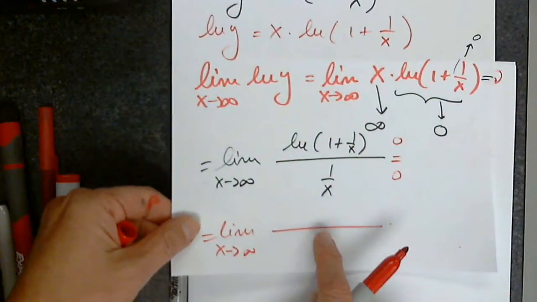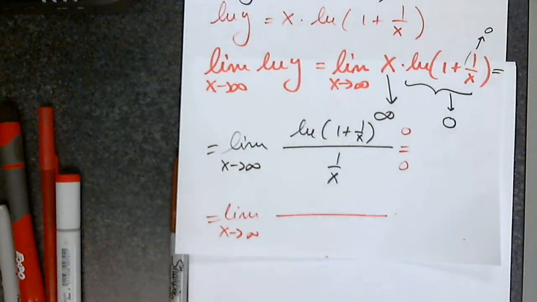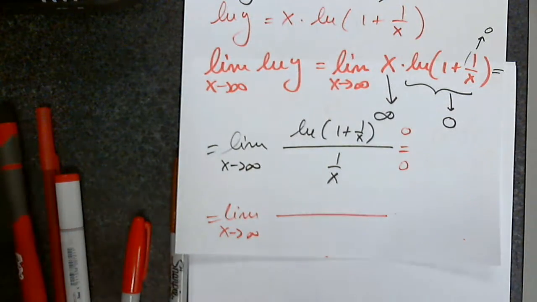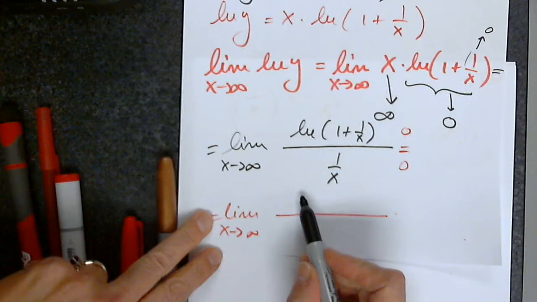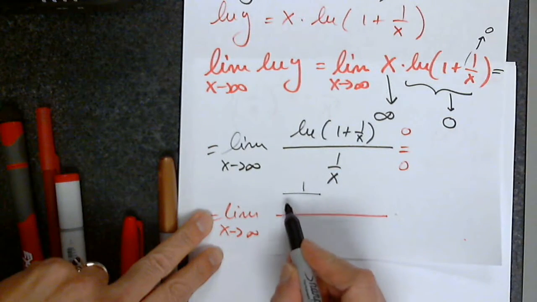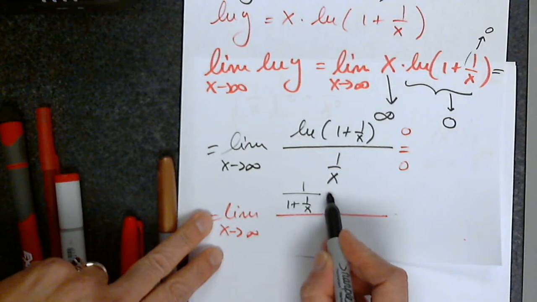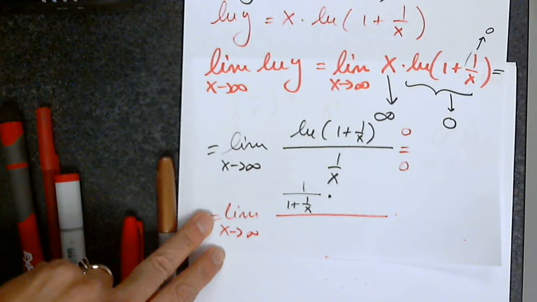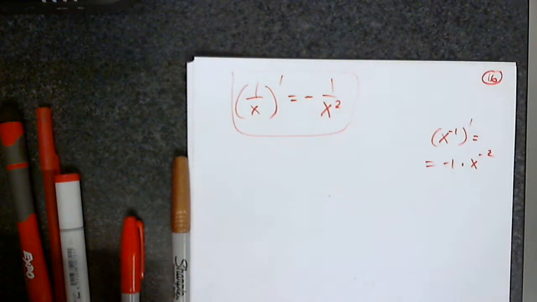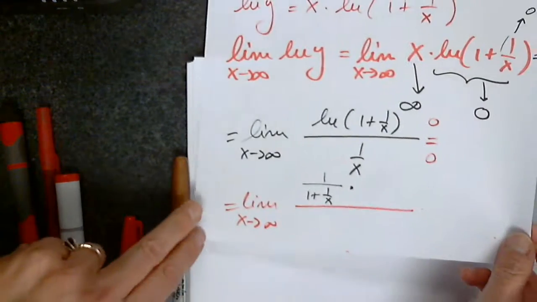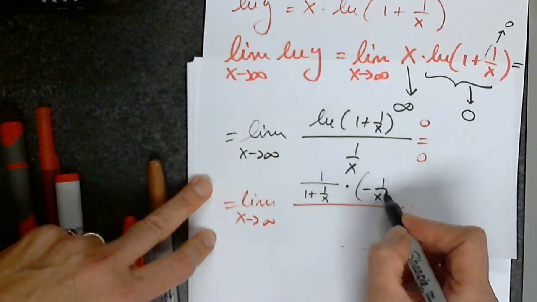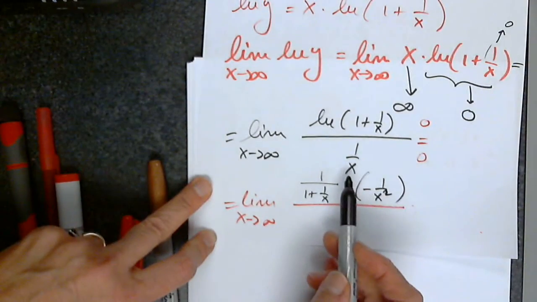So now here, can anyone give us the numerator prime? One over 1 plus 1 over x times the inner function prime. What is the inner function prime? Very good. Over the denominator prime.